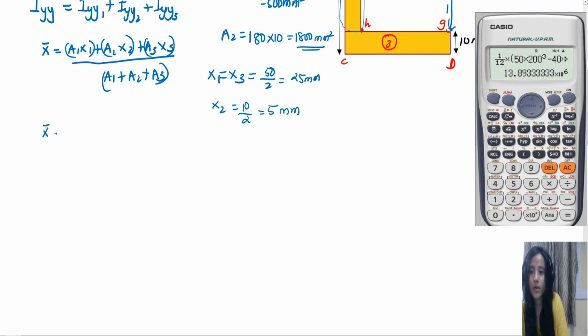Now we can easily find x bar. Since x1 and x3 are the same, and their dimensions are the same, I can do 2 into, let me rewrite this again.